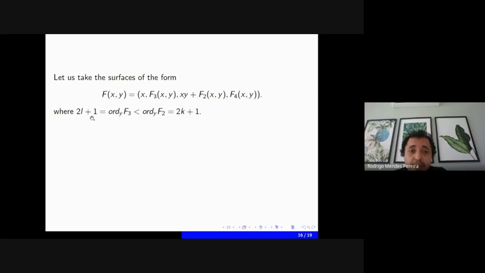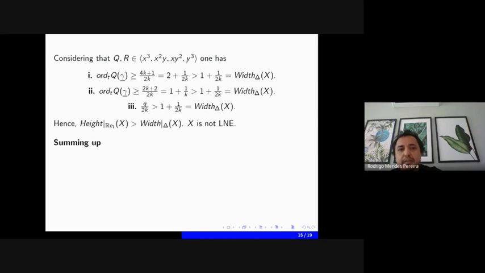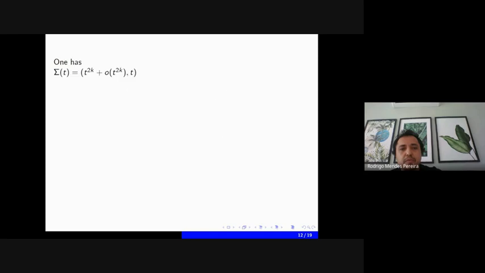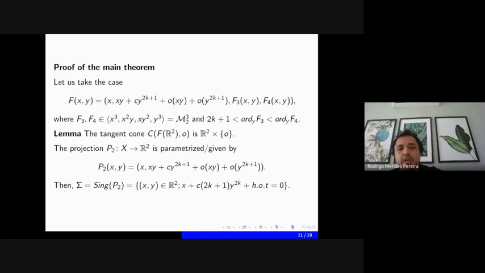And the point is the order is always odd, because one implicit fact on these parameterizations is that the tangent cone is always a plane. Oh, sorry. Okay, yes.